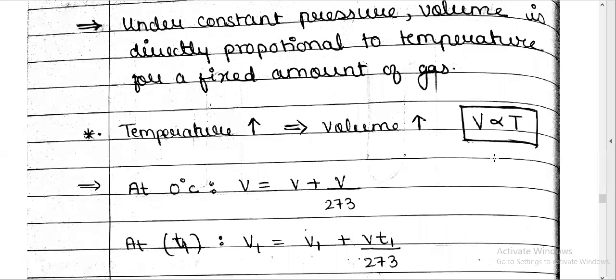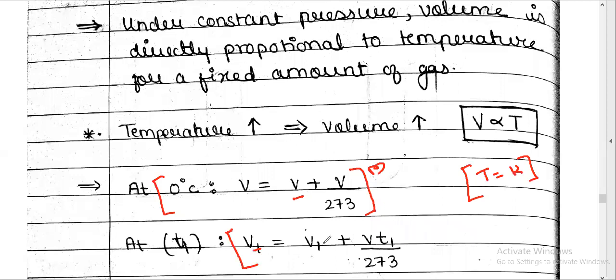When you talk about temperature in chemistry, we will always take temperature in Kelvin. At 0 degree centigrade, V0 is the volume.